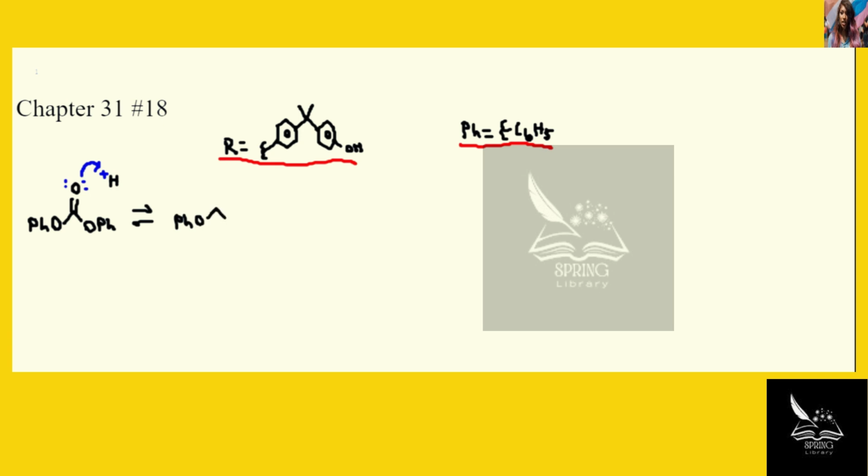If we think back to the carboxylic acid derivatives chapter, the purpose of doing this is to put a positive charge on the oxygen. This makes the carbonyl carbon much more electrophilic and therefore much more susceptible to nucleophilic attack. In this instance, the nucleophile it's going to attack is one of the hydroxyl groups on this bisphenol A.